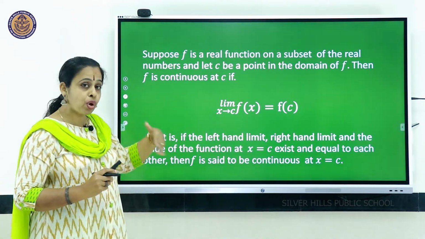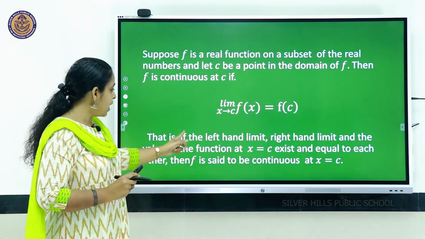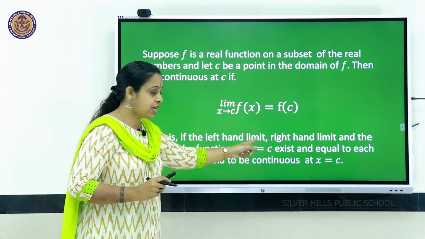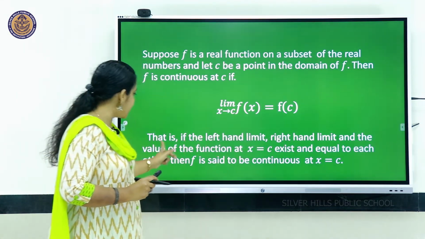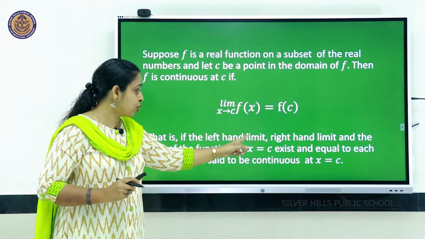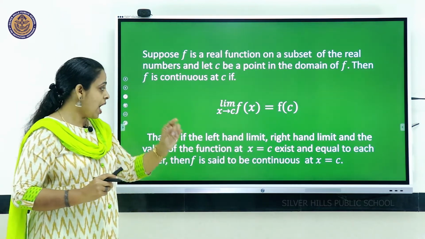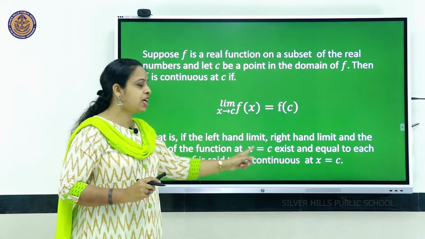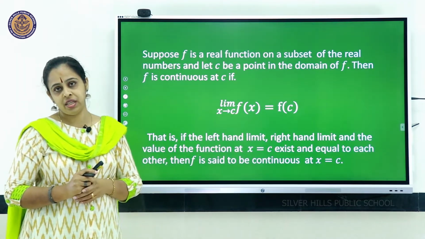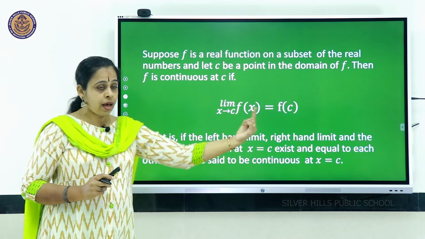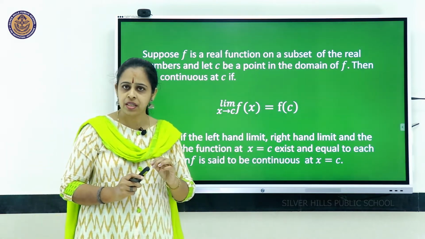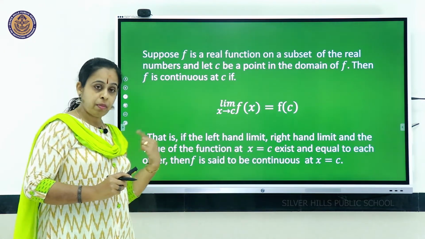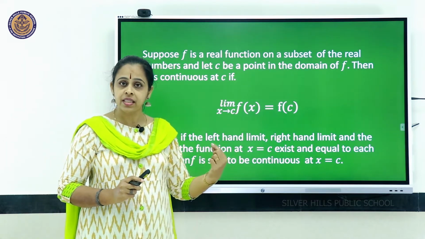More clearly, if the left hand limit, right hand limit and the value of the function at x equal to c exist and are equal to each other, then f is said to be continuous at x equal to c. That means in the real line c is somewhere a point. We can come to c from the left side or the right side.